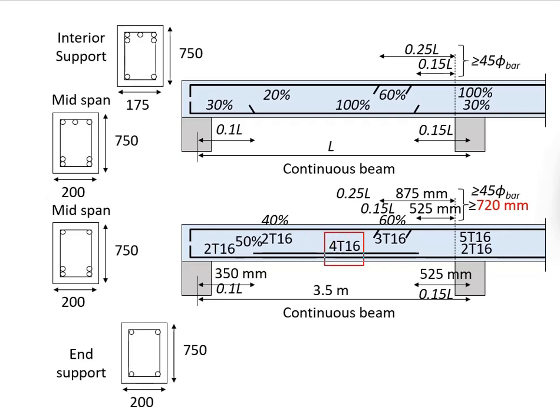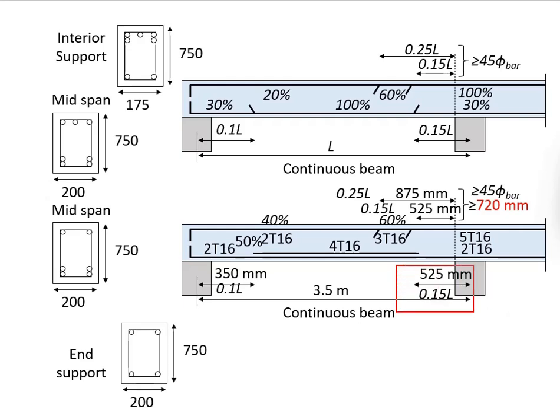By reducing from 4 units to 2 units here, the provided amount of reinforcement bar is 50%, which is greater than the minimum of 30%. This is acceptable. Next, you need to determine the locations where you do the curtailment. Based on the effective span of 3.5 meter, this side will be 10% of the effective span, which is 350 mm.